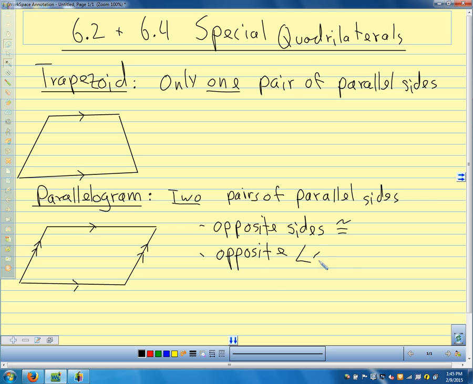Opposite angles are congruent. So this angle, if you wanted to mark that in your parallelogram, that angle is congruent to that angle. And this angle is congruent to that angle. So opposite angles are congruent.